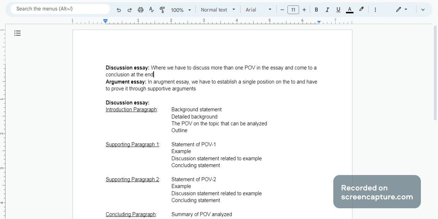In a discussion essay, you have to analyze both points of view, but that is not possible in many cases. Sometimes there is only one reasonable and sensible opinion on a topic, so your whole essay will be written by agreeing with the topic.